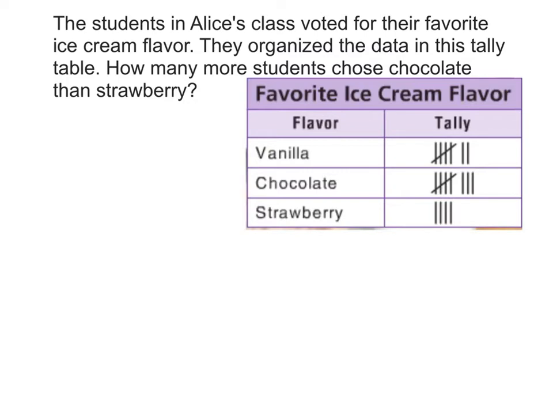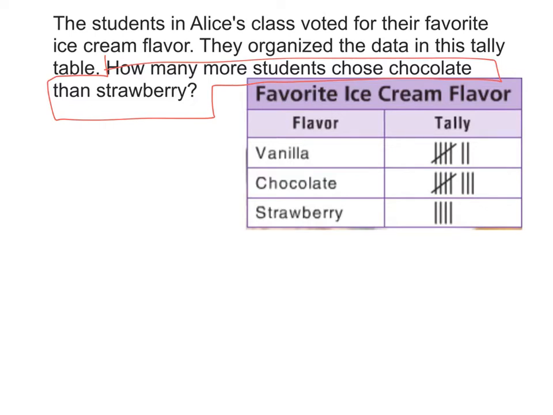So, of course, first thing we need to figure out is what exactly are they asking us? Well, here is the question right here. And we can reread that to make sure that we understand what it is we have to answer. So the question reads, how many more students chose chocolate than strawberry?